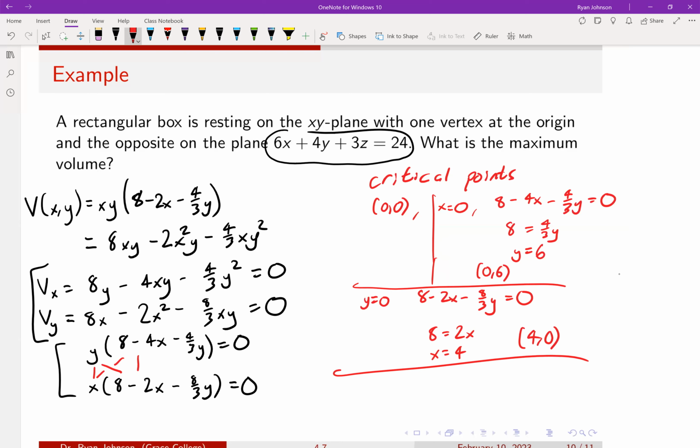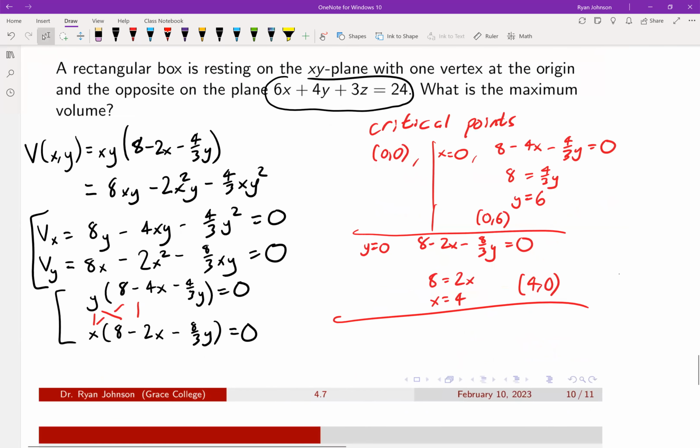And then last of all, is if both of the big things are equal to 0. So what I'm going to do for both of them is move the x's and y's over to the other side of the equation, but write them on the left.